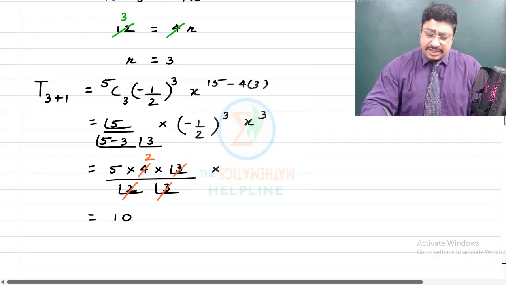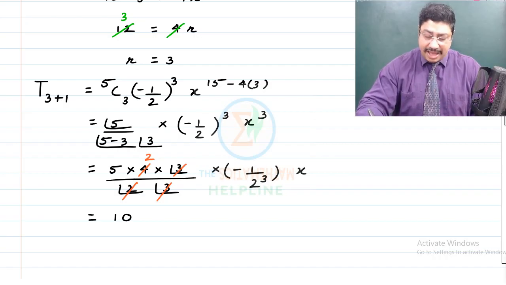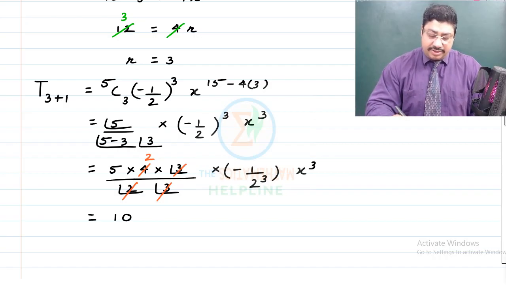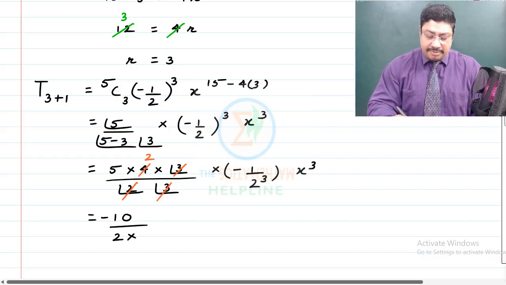Further, minus into minus into minus will make it minus, and 2 cube is going to make it 8, right? At the moment, we will just write it as 2 cube till the time further simplification happens. So for the children here, we have this to be multiplied with minus. So as such, the final sign is going to be minus. Now this can be written as 2 multiplied with 2 square, and further that is multiplied with x cube.